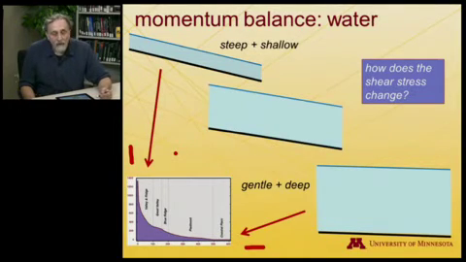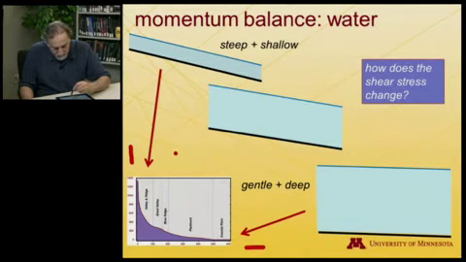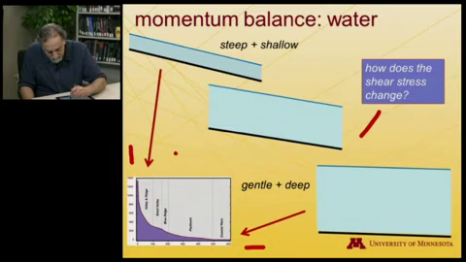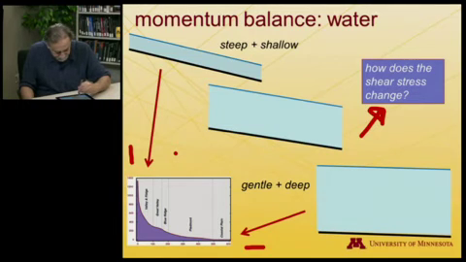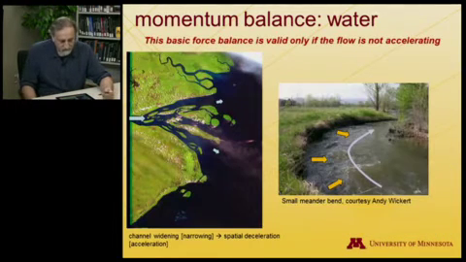I haven't explained why this is, but we typically see that in the steeper slopes the flow is shallower. As the slope becomes gentler, the flow depth typically increases. You should think about this question. Given that relationship that we just developed, what does that imply for shear stress change down a river? And the answer may surprise you.